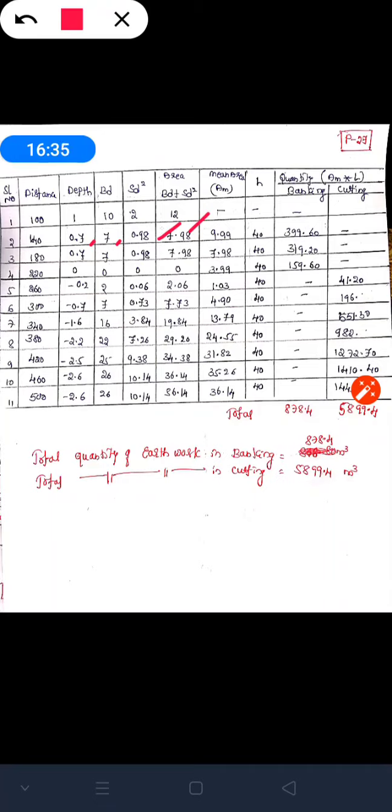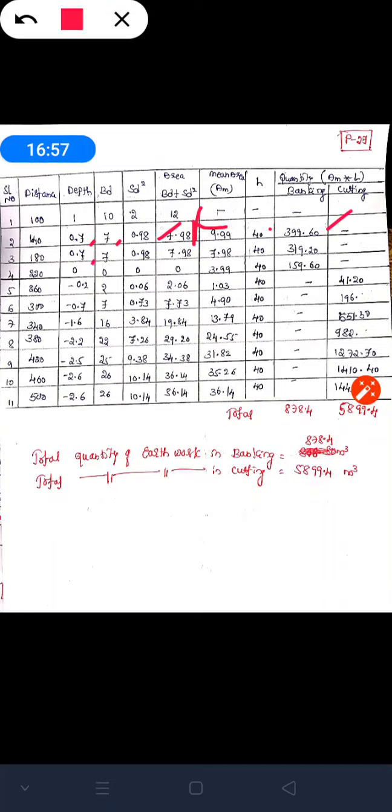Then mean area: at the starting, there is no other area. So when I move on to the next chainage, I should consider the average of these two, that is the mean area. Then I got 9.99. For this 9.99, I multiply by 40, then I got 399.60, that is banking here.